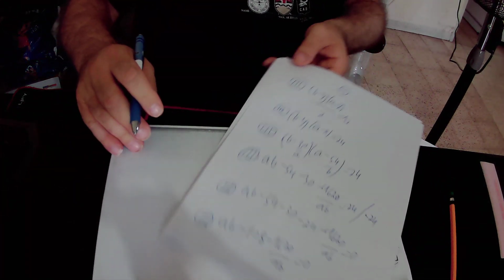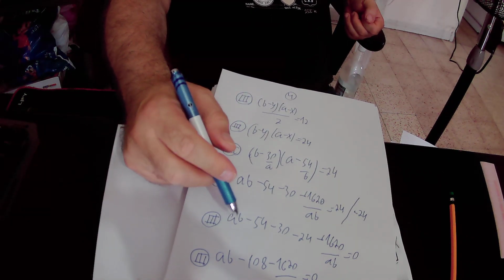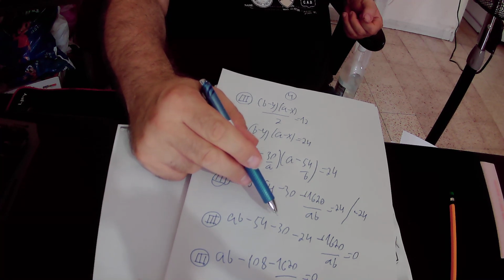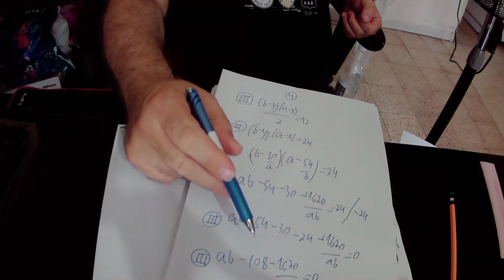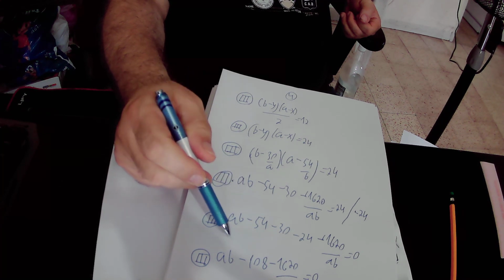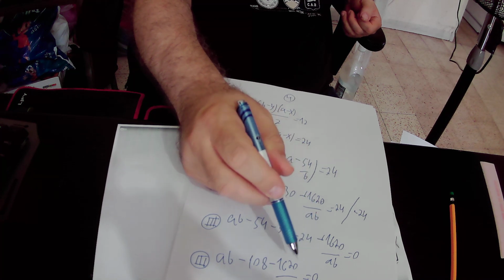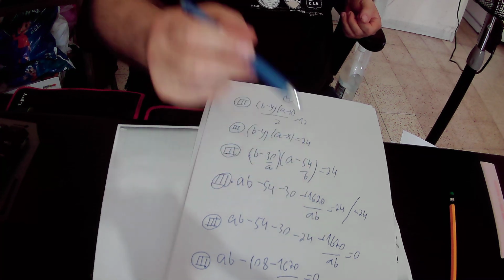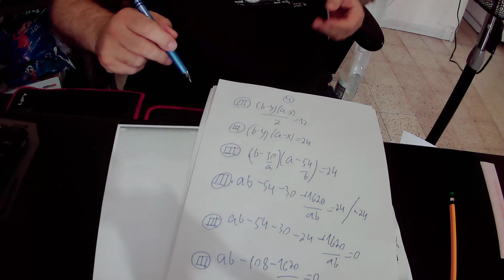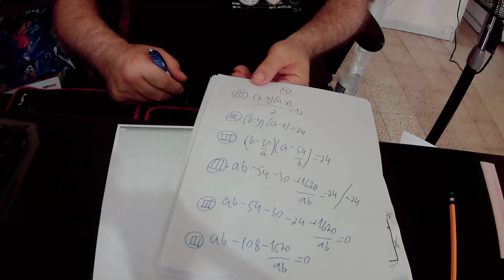Okay, everything is the same. The only change is that we wrote that minus 54 minus 30 minus 24 equals negative 108, and here we copied ab, and we copied the expression 1620 over ab equals 0. So here we can multiply both sides of the equation by ab.